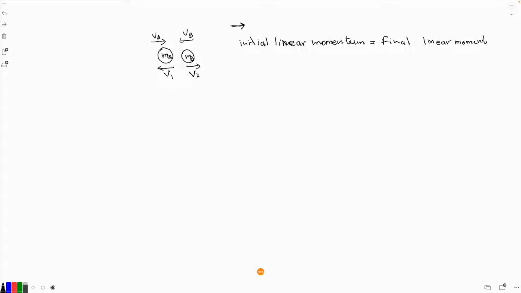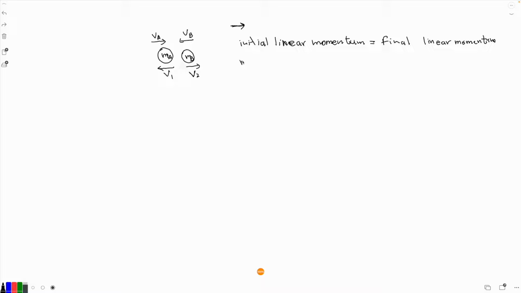Right. So the initial linear momentum of the system, I can write considering the direction. I'm first going to write the linear momentum of ma. We know that linear momentum is the product of mass and velocity.